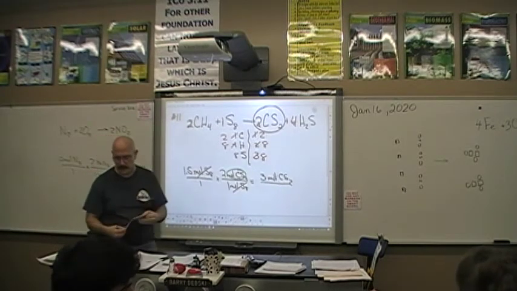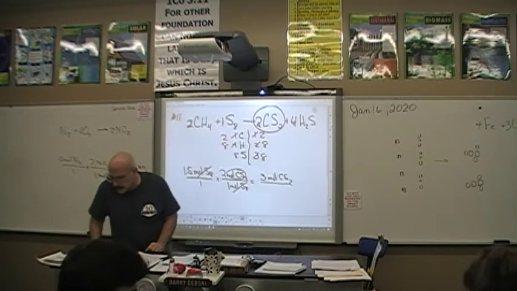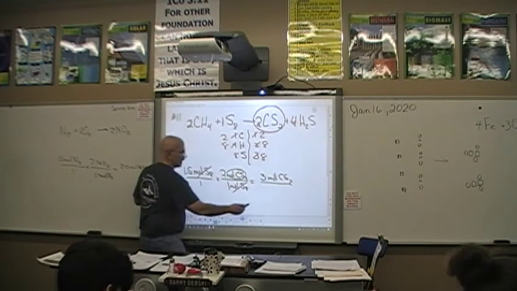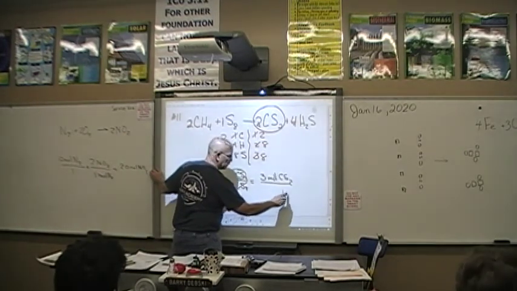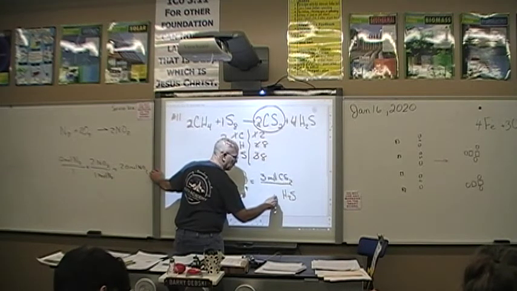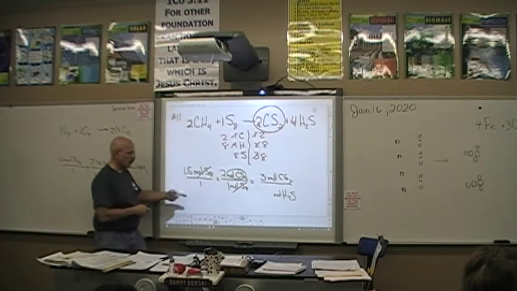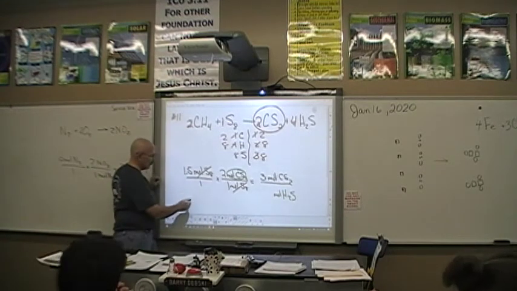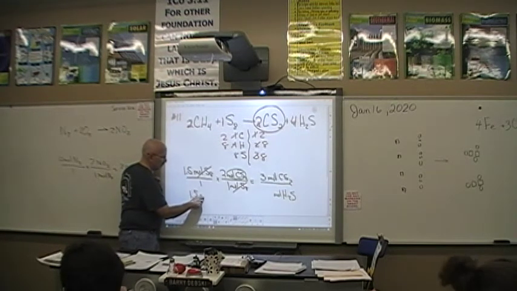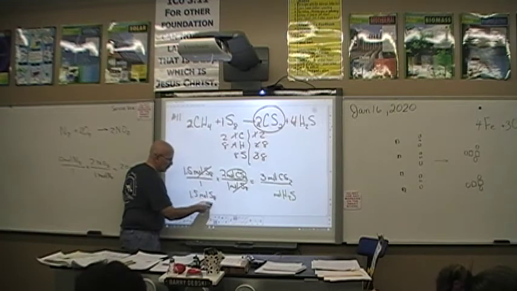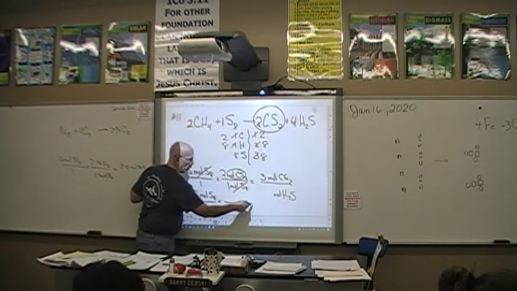A 1-step process. Letter C says how many moles of H2S are produced? It doesn't tell me anything else, so I'm going to assume we start with the same amount of sulfur. But now my mole ratio is different.